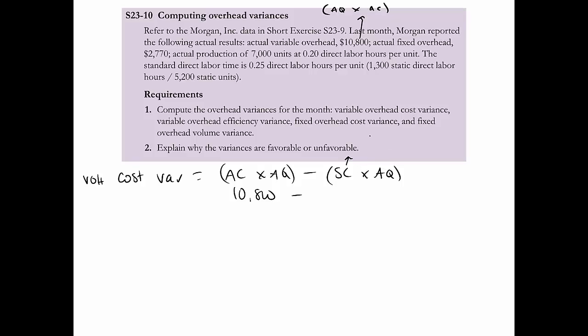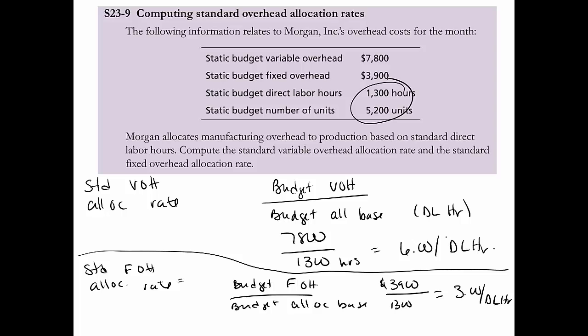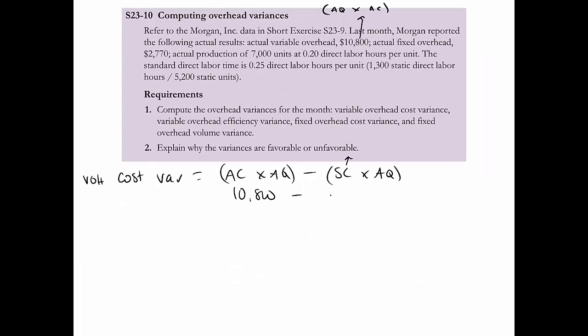So for the variable overhead, we said that is $6 an hour. So $6 an hour times the actual quantity of hours that we used, which is 7,000 units, and we used 0.2 hours per unit, so we used 1,400 actual hours.